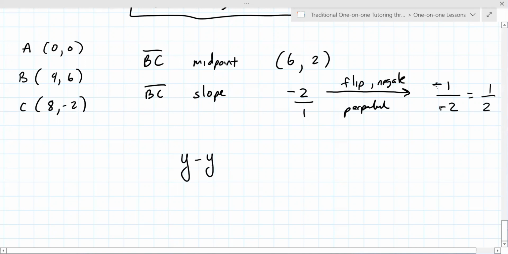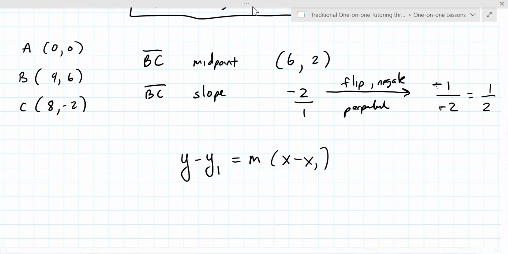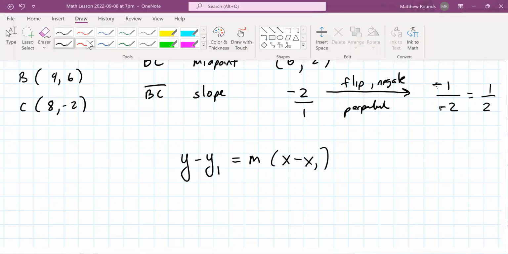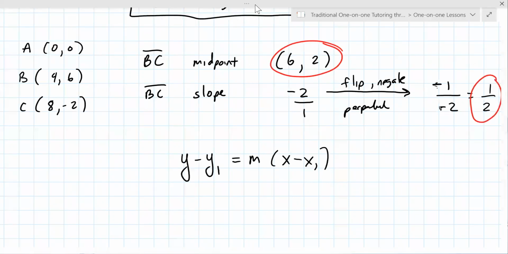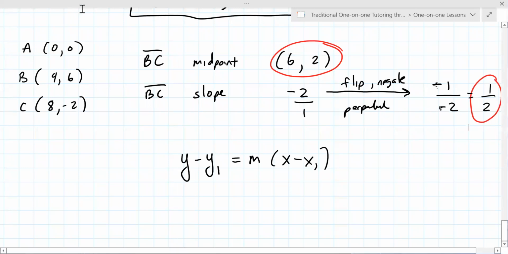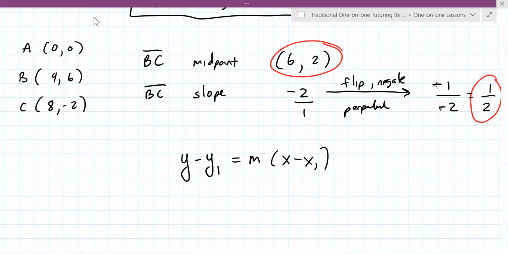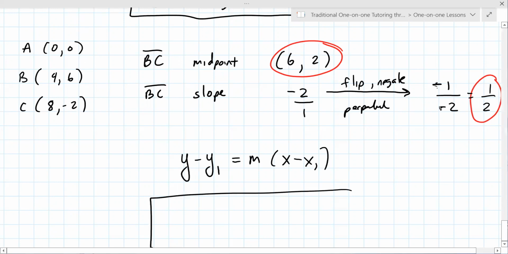So here's your equation in point slope form. Here's your point. Here's your slope. I want you to write the equation. I want to know the equation that I'm going to put in this box here. I want your final answer. Okay.